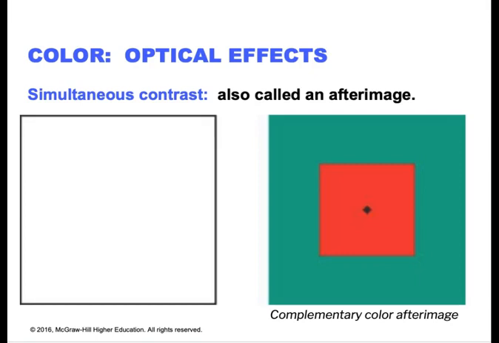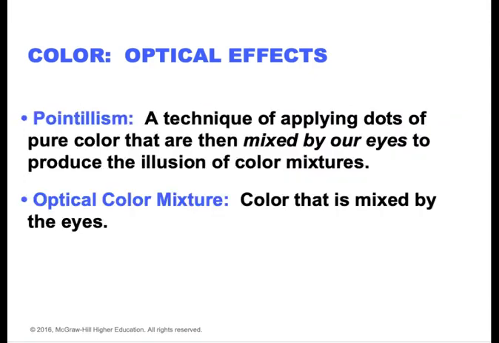But along the lines of these optical effects that our eyes do is a really fascinating technique called pointillism. So get this definition down. Pointillism is a technique of applying dots of pure color that are then mixed by our eyes to produce the illusion of color mixture.